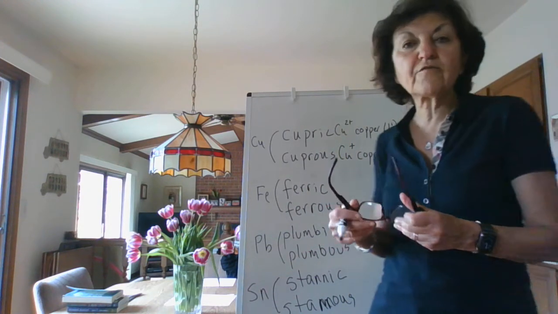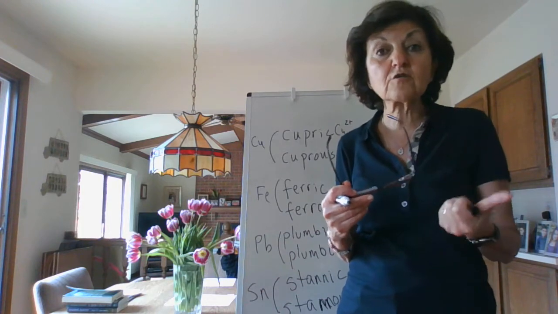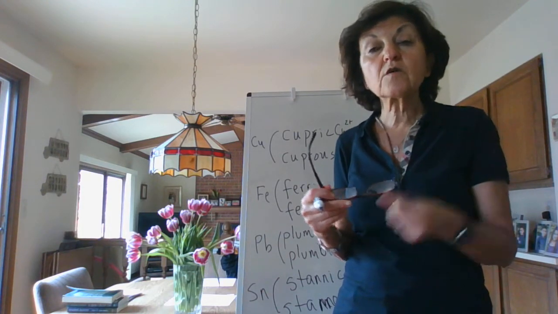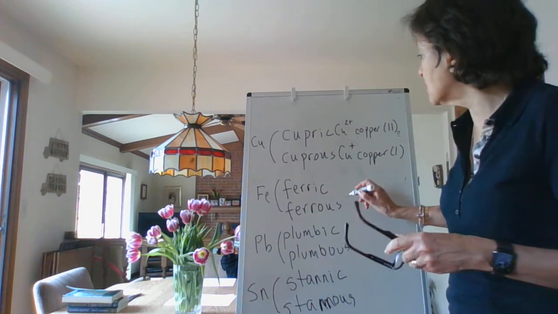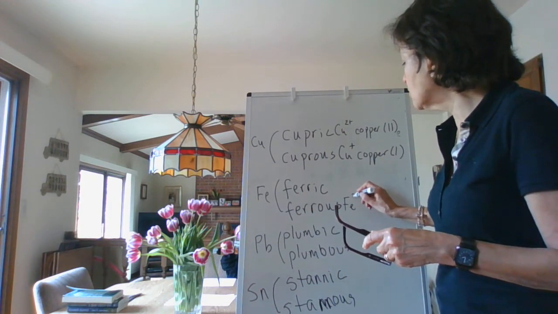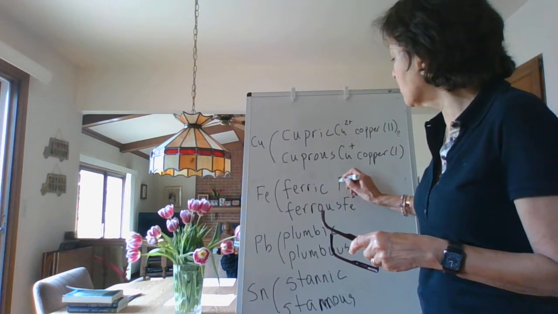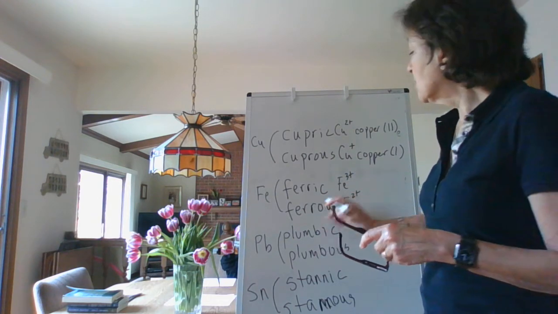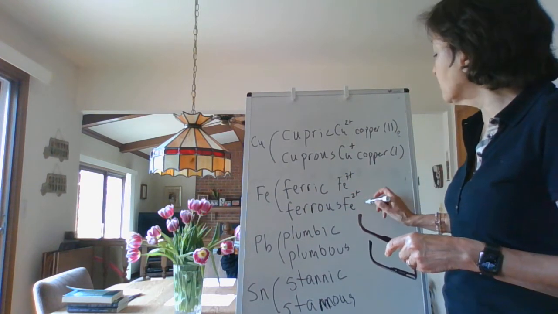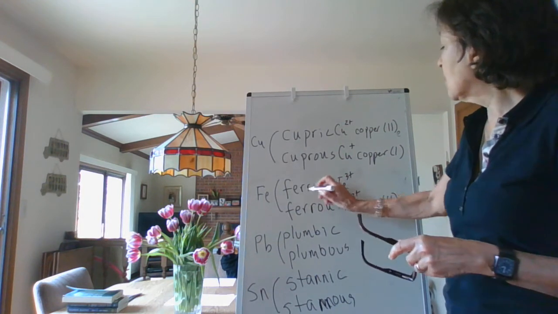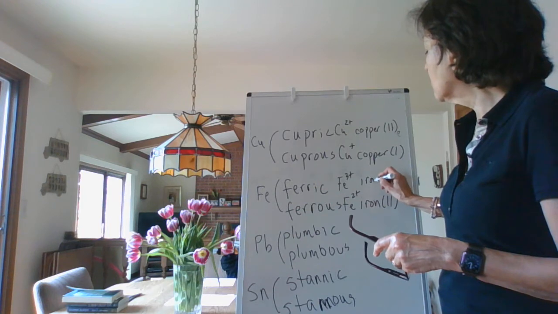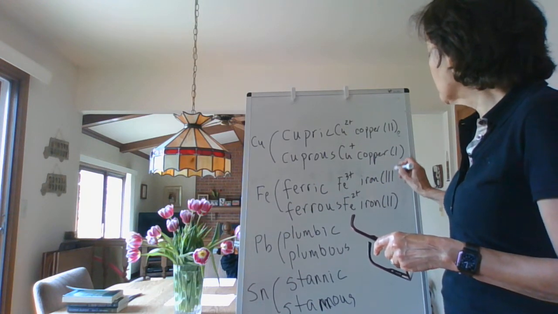Okay, ferric and ferrous. Iron exists as +2 and +3. So which one would be the ferrous? The +2, the lower number. So this is iron +2, and this is iron +3. When I write the modern way of doing it, this would be iron Roman numeral 2, and this would be iron Roman numeral 3.